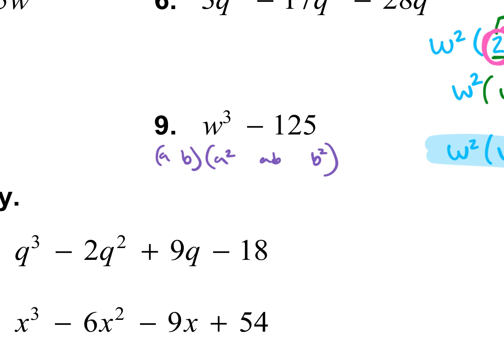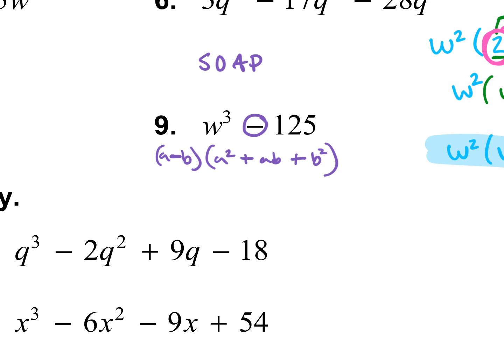Now, how do I know what signs I'm going to put in it? SOAP. What does SOAP stand for? Same, opposite, always positive. So same would be the same that we started with. Opposite would become plus, and then the last one is always positive. So our signs go minus, plus, plus.